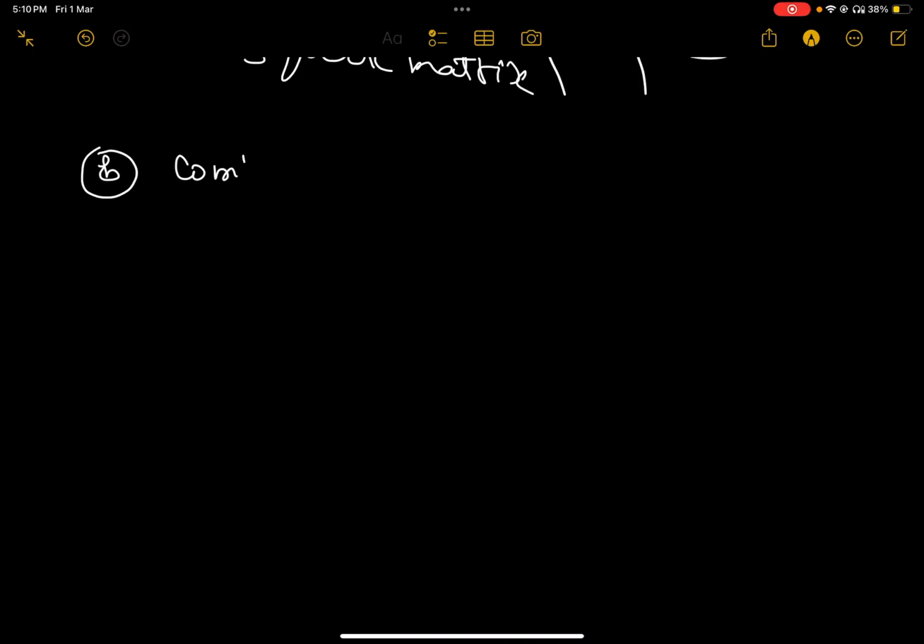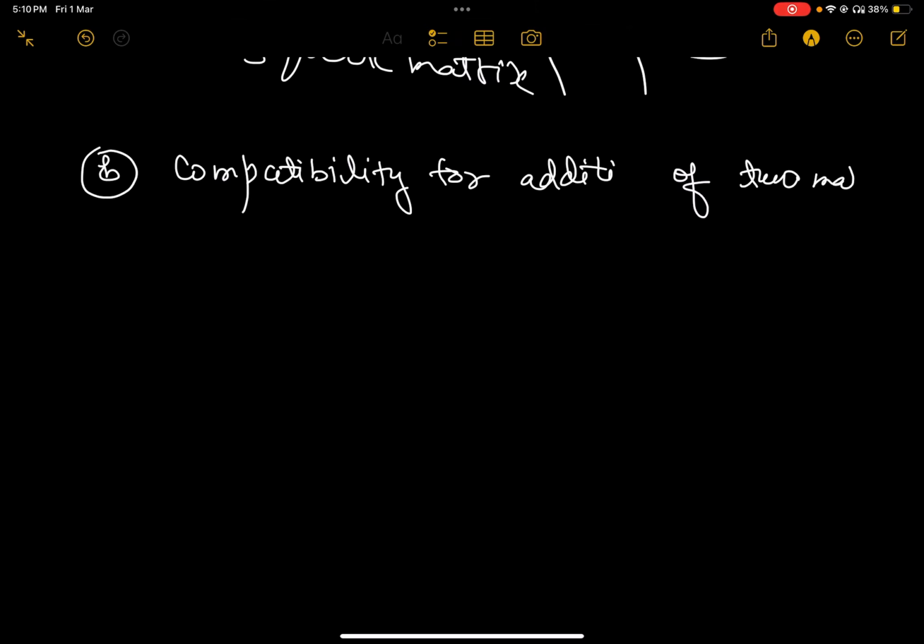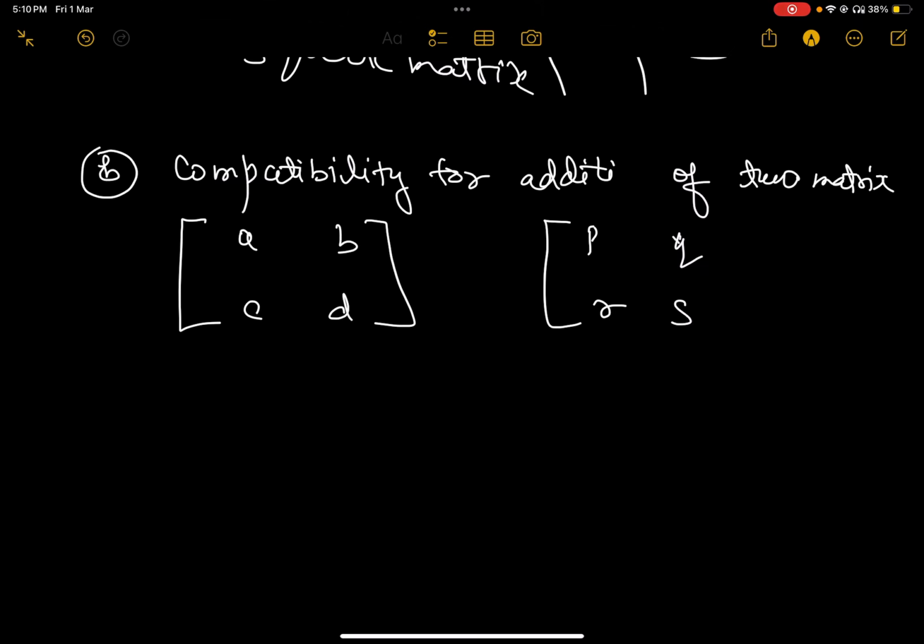Compatibility for addition of two matrices. Let's say there's a matrix A, B, C, D, and there's a matrix P, Q, R, S, and there's a plus symbol between them.